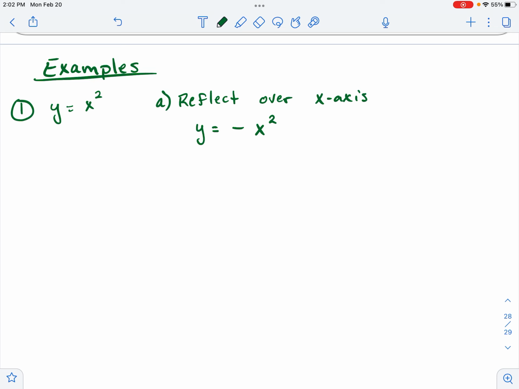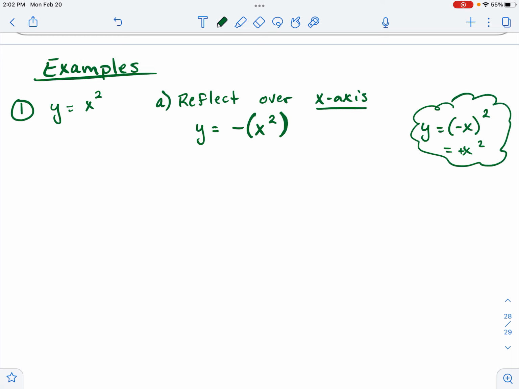I'm going to put that in parentheses to show that we're making the whole thing negative here. There is a difference between negative parentheses x squared and y equals negative x squared, because here, a negative times a negative is a positive.